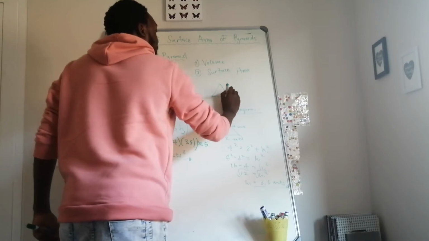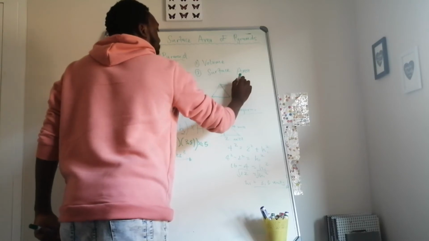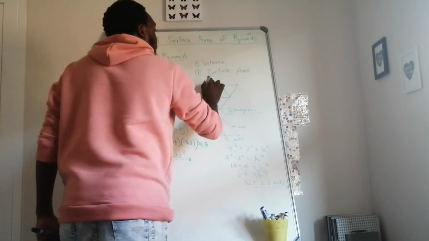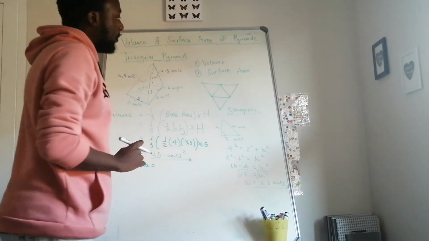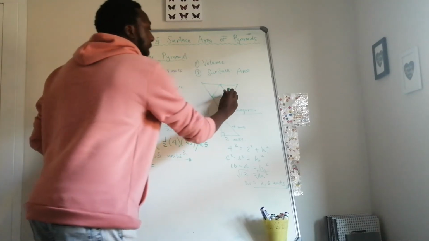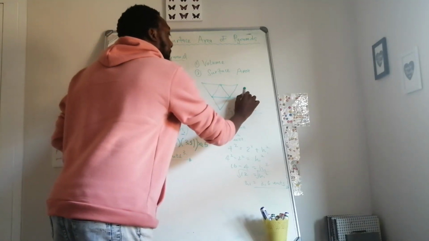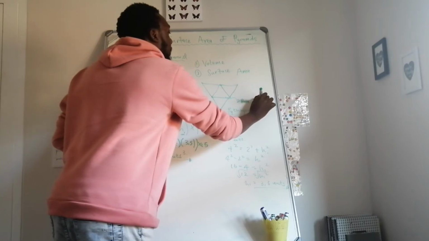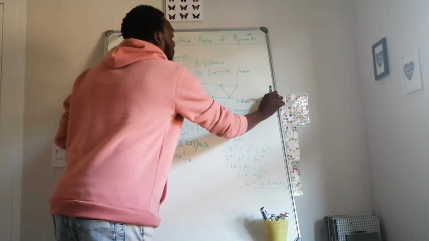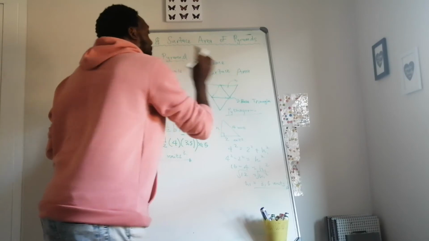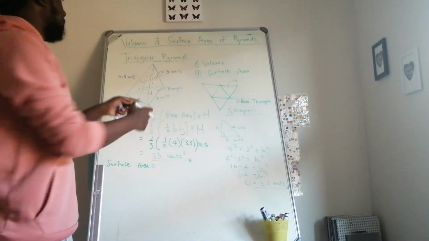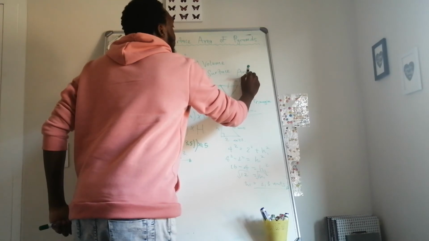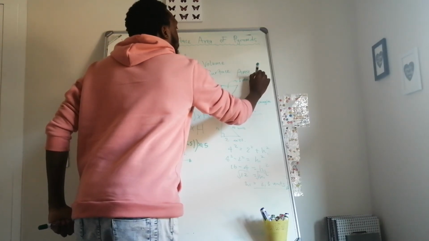It's a triangle, another triangle on that side, another triangle on that side, and another triangle on that side. This is my base triangle, and these are the other ones that are standing up. These are the side triangles.